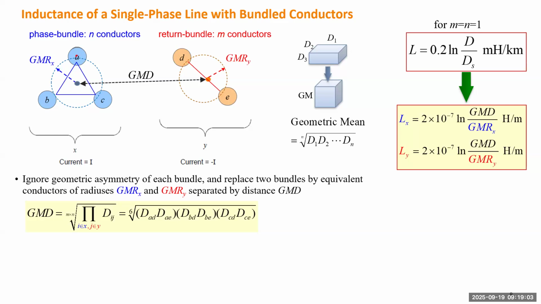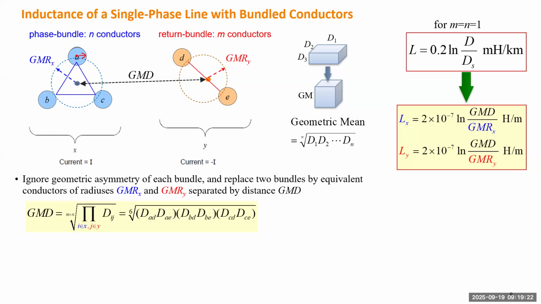So this is the center. We need to consider the radius of conductor A, because if there's a center, any point inside this group has a distance to the center, and we count all possibilities to calculate the average. That will be the geometric mean radius.